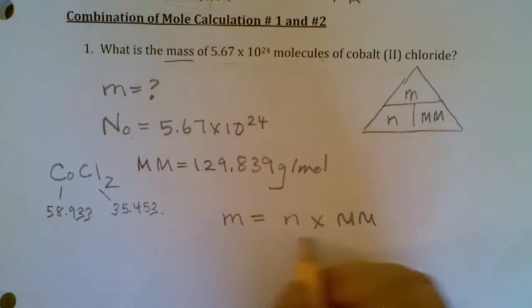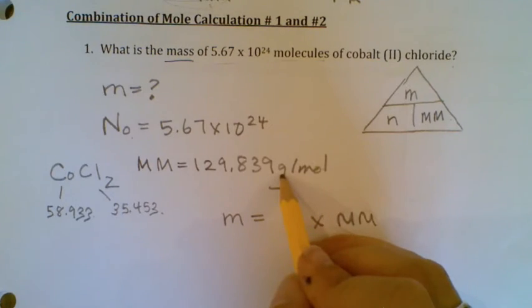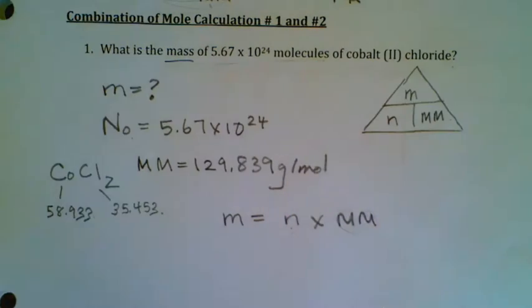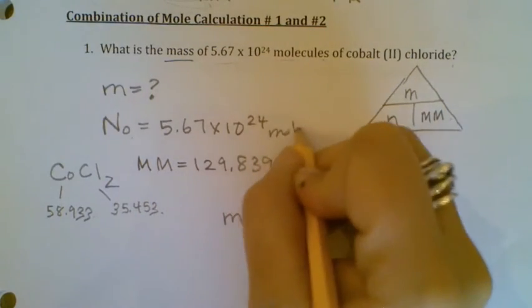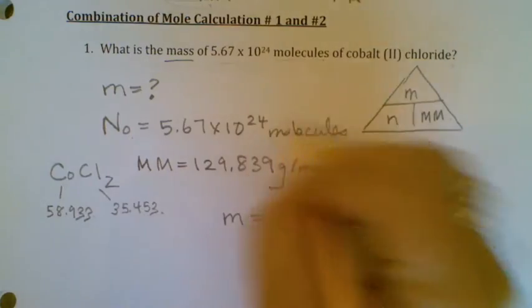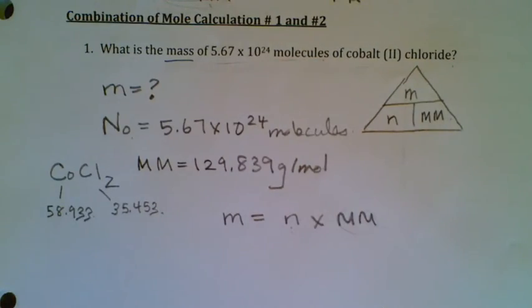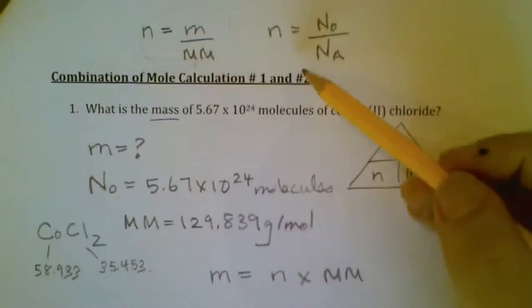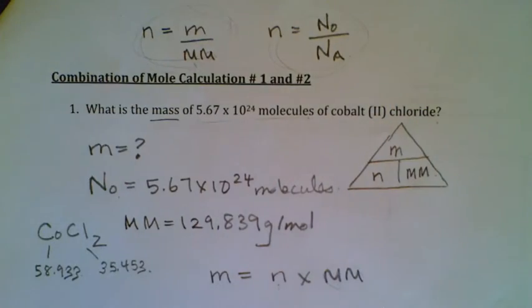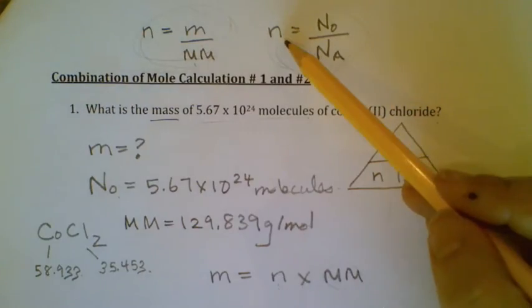I know that I have molar mass right here. What I don't have is moles. I'm given number of molecules. I cannot just put that in the place of moles. I have to go to mole calculation number 2 and solve for moles.